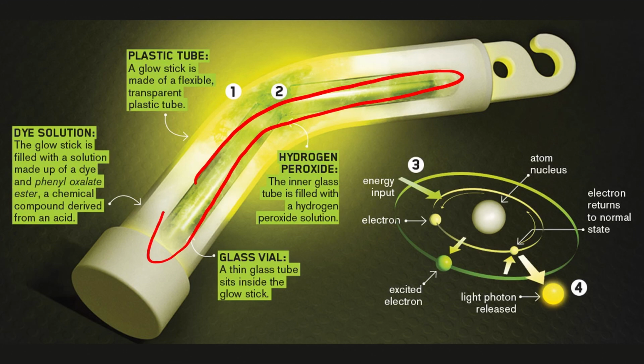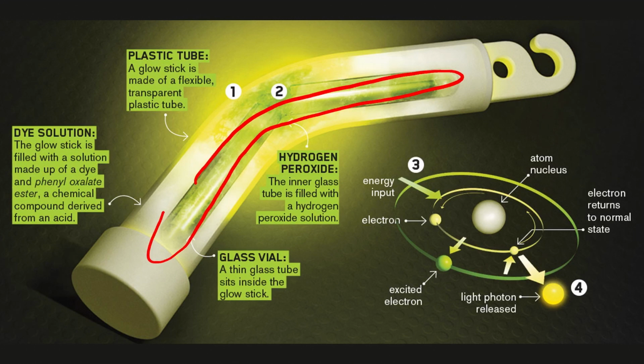Now this process is ongoing. One jumps up, one jumps down, one jumps up, one jumps down, until all the dye is used up. So glow sticks, after a while, stop working because you've excited all the possible electrons. If you stick your glow stick in a freezer, you can make it last a little longer because temperature plays a part in chemical reactions.